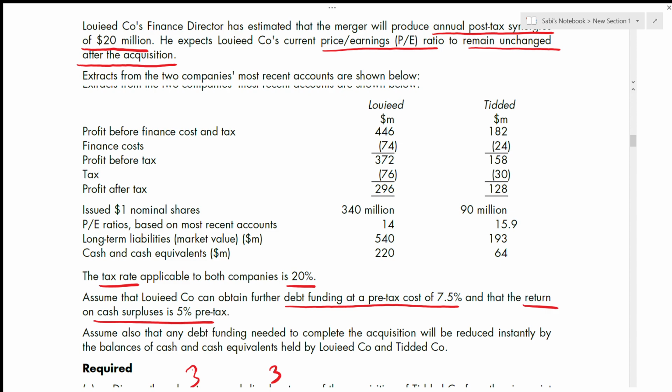That cost of debt is given to you because you need to find the interest, right? Why interest? Because you need finance for acquisition. Whenever you need finance for acquisition, that means basically you might not have enough cash, you might have to go for a loan. So because of that loan, you have to pay interest, and that interest will attract tax relief, right? It's a debt, right? So that's why this cost of debt is needed at that time.